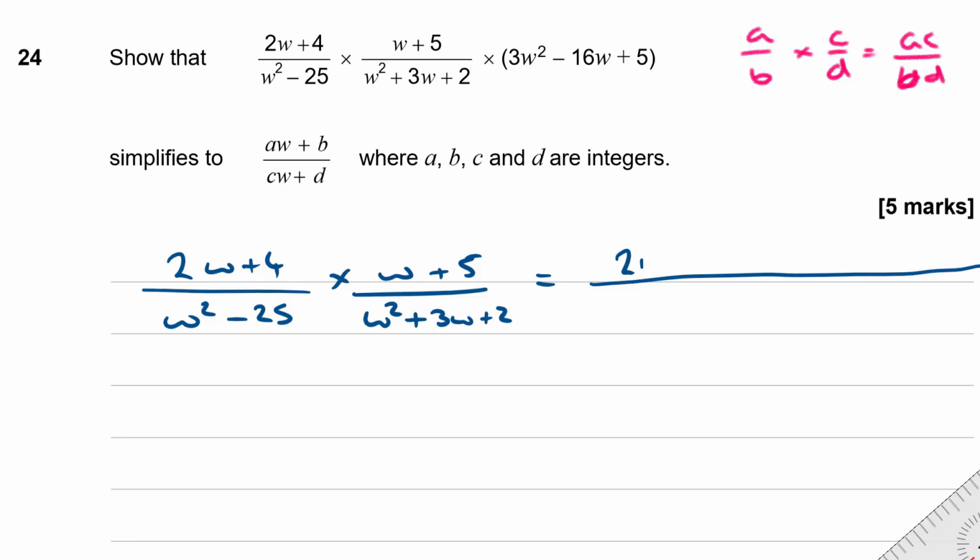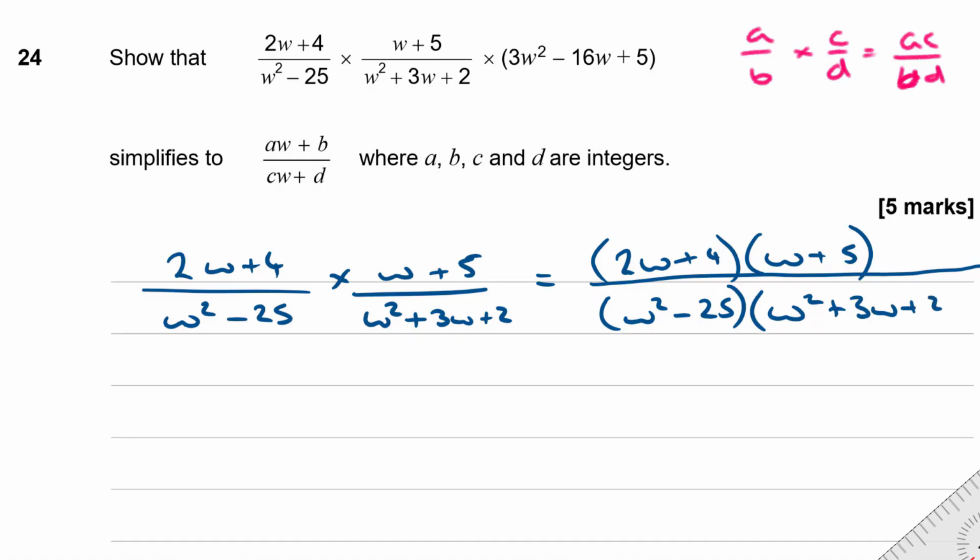So 2w plus 4 times w plus 5 over w squared minus 25 times w squared plus 3w plus 2. Now, can we cancel anything here?